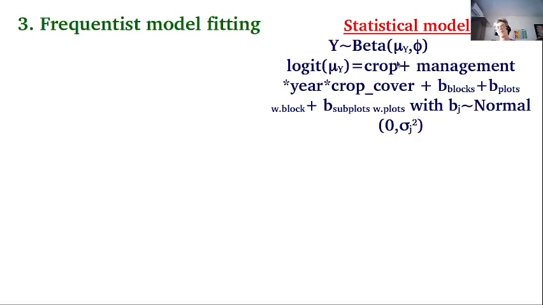So the effects of the fixed effects and those of the random effects are going to be additive in the scale of the link function, logit in this case.